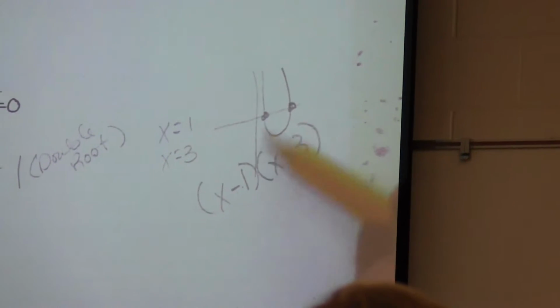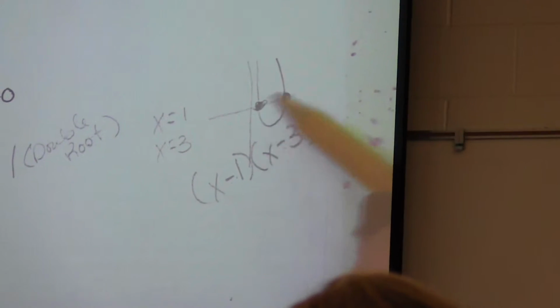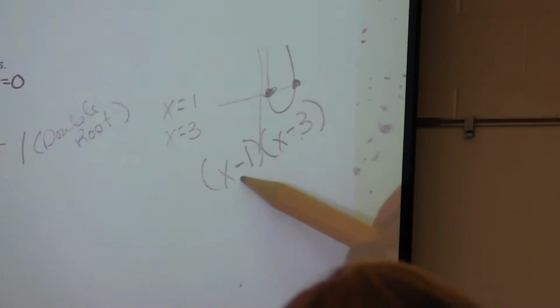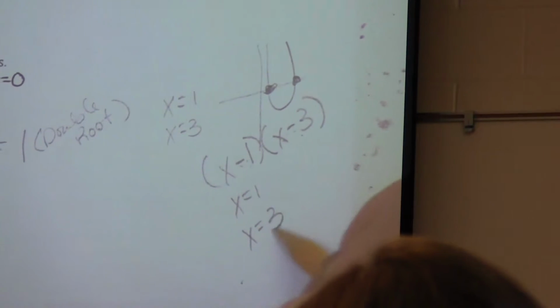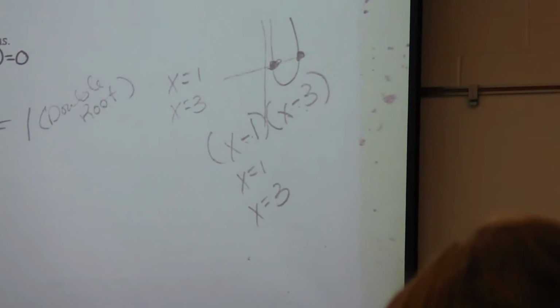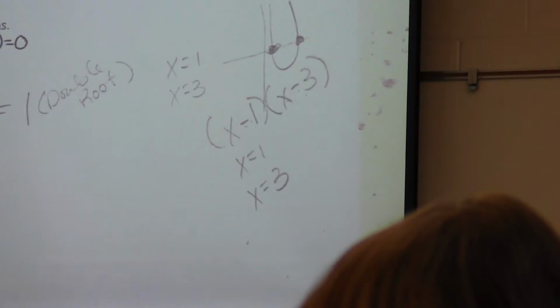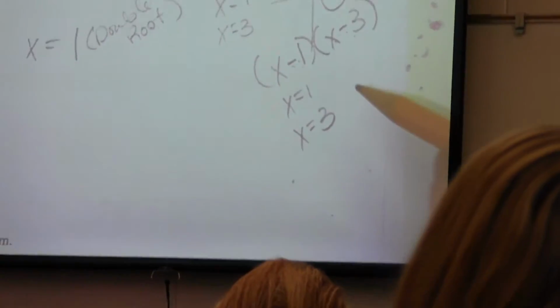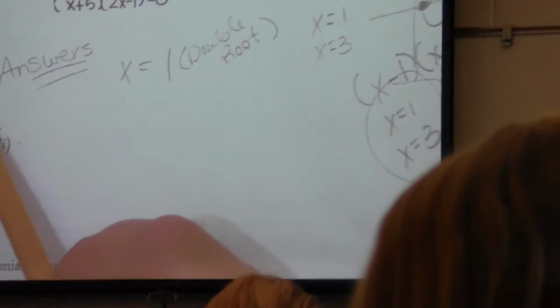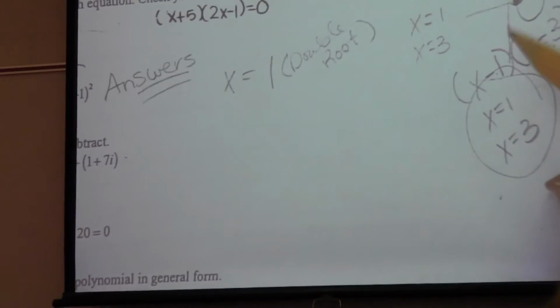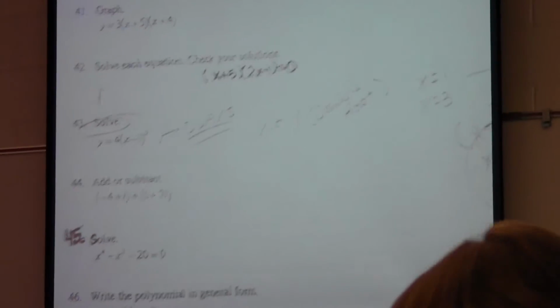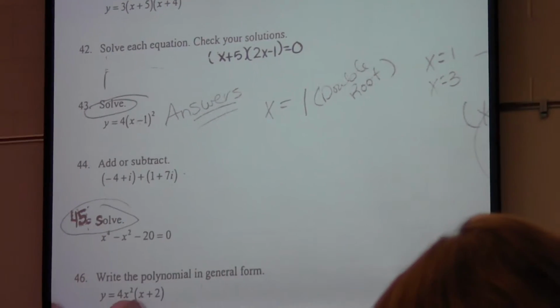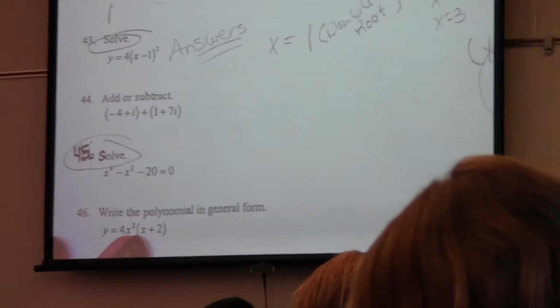We should be able to look at it and go, well, when I had it as a point, I switched it out to that. So now that I have it as this, I can just switch that and make it back to x equals 1 and x equals 3. But if you don't remember that, you still could graph this exact thing and find out again where it crosses, but they want you to actually solve. Tell me what it could be.